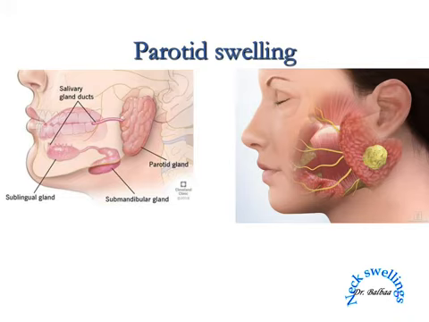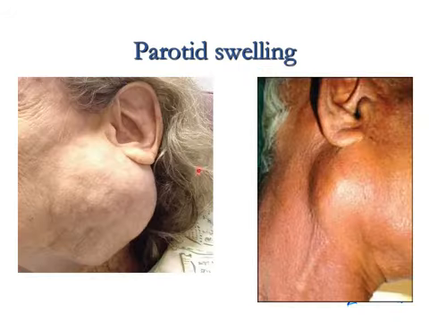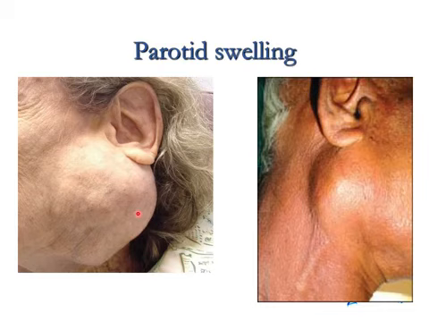So what are the manifestations of this swelling? The main manifestation is swelling within this region, and characteristically, if it is large enough, it will raise the lobule of the ear, a sign that you have already seen.